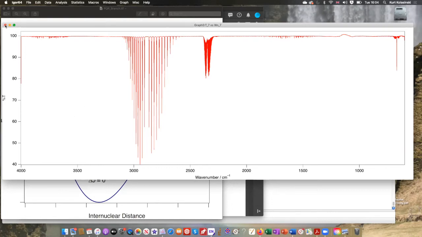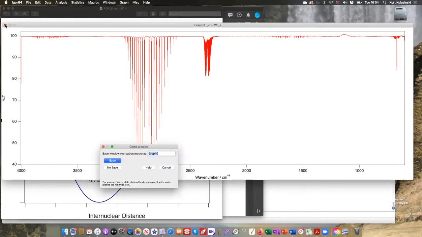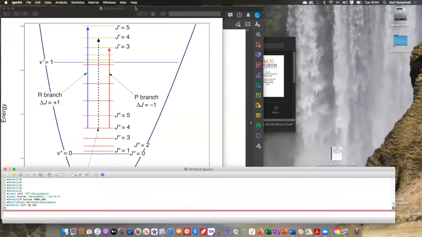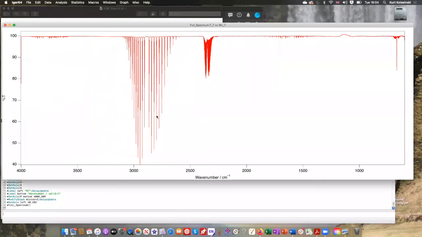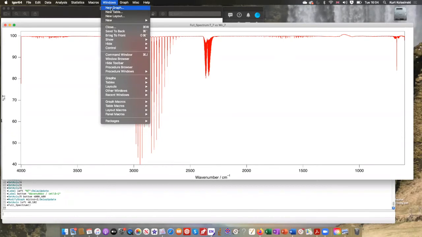To use it as a template, click on the red, and I can save this as a recreation macro. Let me call this full_spectrum. Save it, and then I can just go up here to the Windows and find the graph macro full spectrum. Boom, open it up. And if I wanted to add some new waves to this, I don't have to start all over again and do all that labeling.